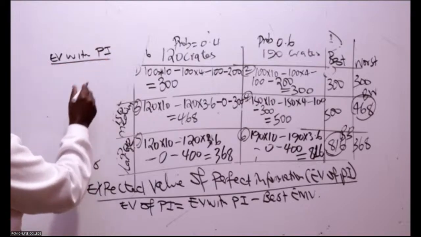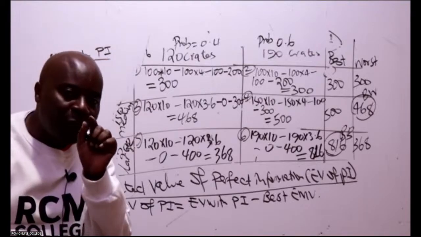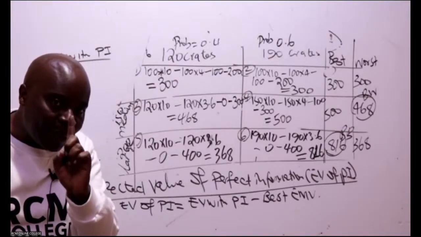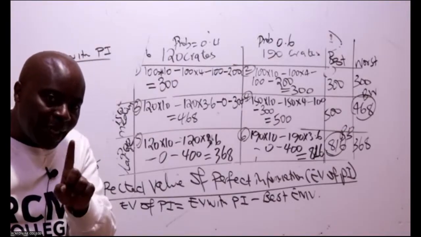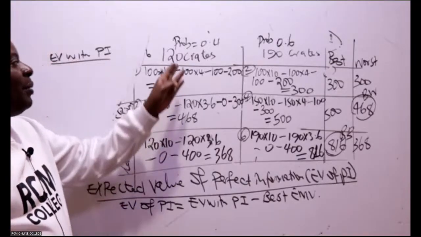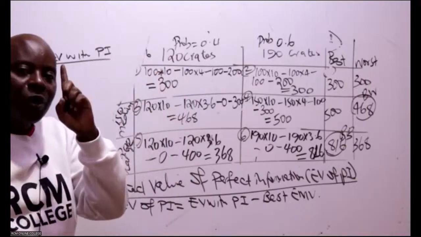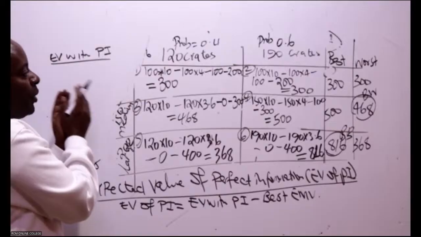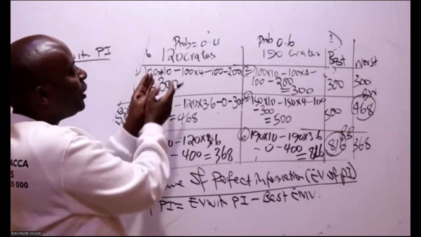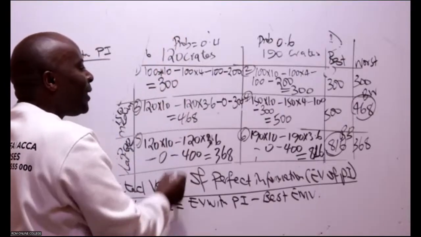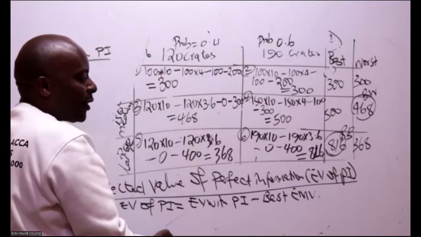To get this EV with PI, we shall always go to each state of nature, one at a time, selecting the best outcome. Because these experts are coming to tell us, hey, there will be rain, hey, our demand will be this. So you go to each column, armed with perfect information that this is the state that will prevail, selecting the very highest.